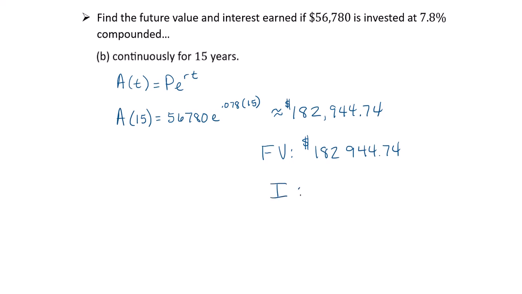And the interest that I would gain on this account would be taking $182,944.74, subtracting the original principal that was put in there, and we've then earned $126,164.74. In all, if we would invest in the continuous compounding account, we earn $2,048.64 more than we would with the account that is compounded quarterly for 15 years.